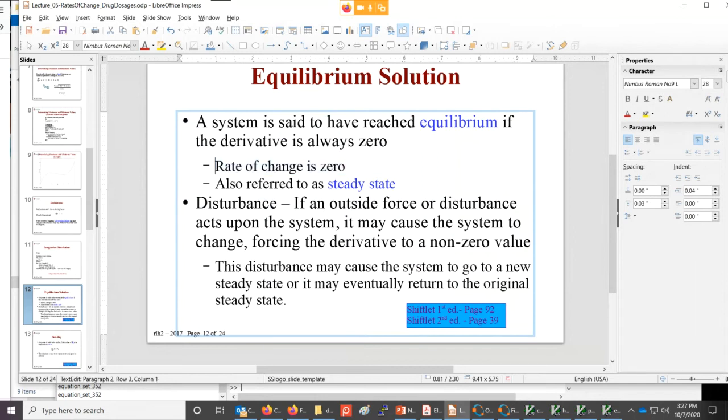So the derivative could go to 0 and the system will just sit right there and not move. But then when we get this outside force, now the system's going to move again. Okay. Now, if we control this outside force, we call it a forcing function. Okay. So if we can control the outside disturbance, we call that a forcing function, and we can force the system.